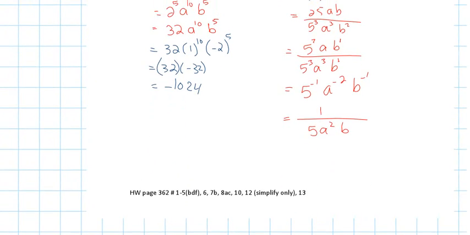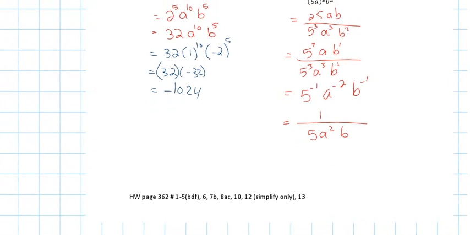This one, so 1 over 5, 1 squared, and then negative 2. So 1 squared is 1, and then 5 times negative 2, so that's going to be 1 over negative 10.